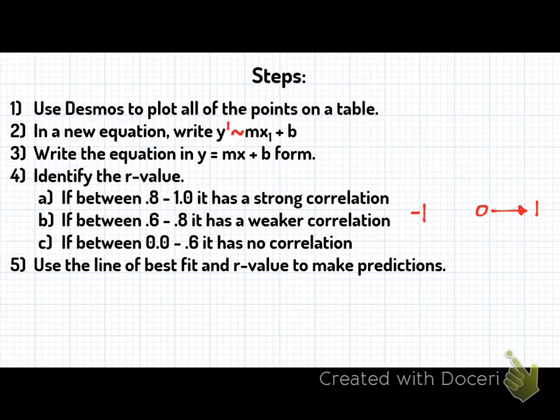The closer this number is to 1, the stronger it is to being positively correlated. The closer it is to 0, the less strong it gets, and the farther away from 0 to -1 it gets, it becomes a really strong indirect relationship. Does that make sense? So the R value is always between -1 and 1. The closer it gets to the middle, the less strong it gets.